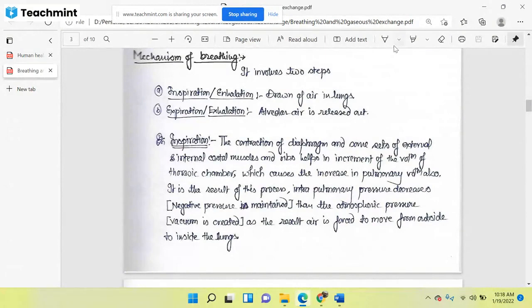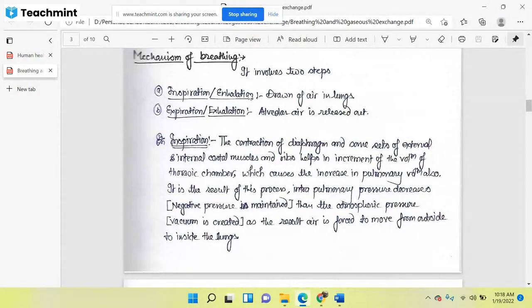So here it involves two steps. The whole breathing process, this whole mechanical process, involves two steps. First is called inspiration or inhalation. Both are the same. And the second step is called expiration or exhalation. I told you the meaning of inspiration.